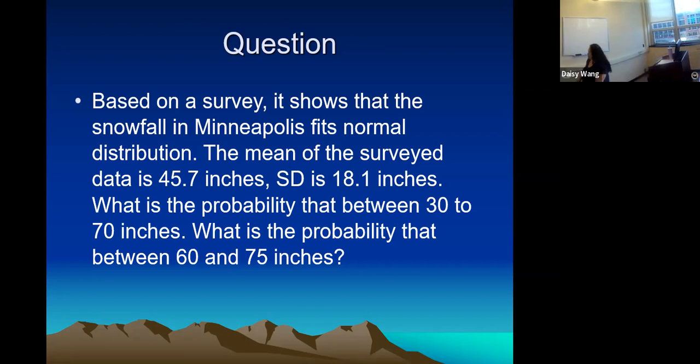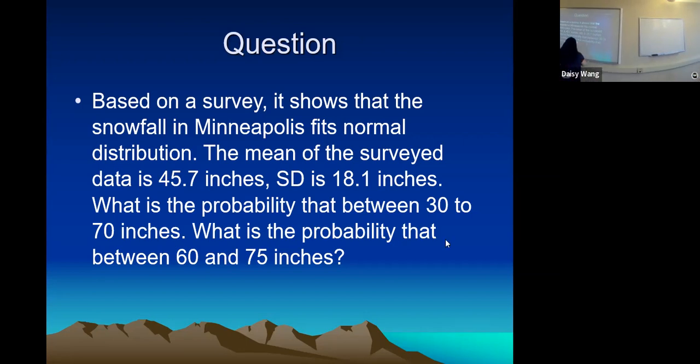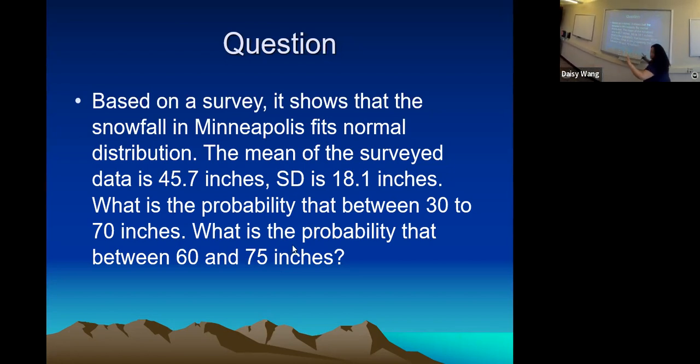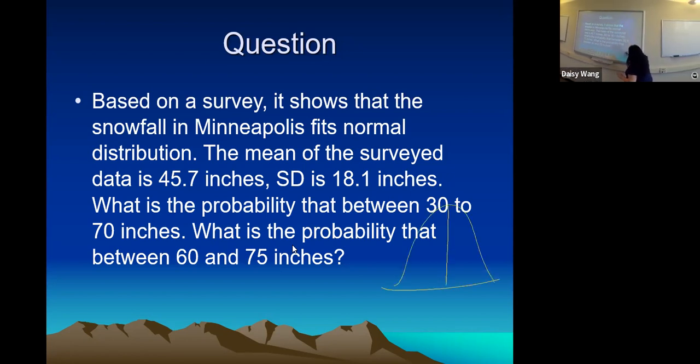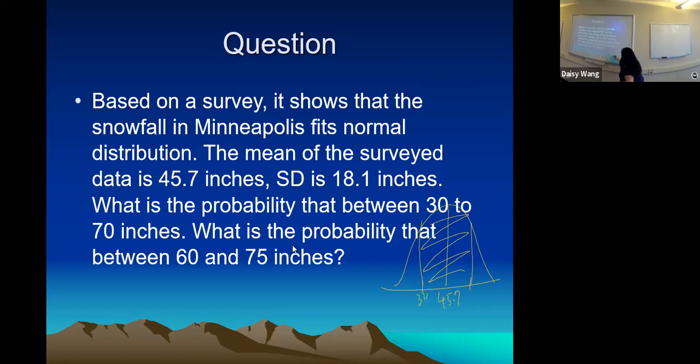So again, let me draw this so it will be easier to understand. There are 2 questions. For the first one, the average is 45.7, and the question is between 30 and 70. First we want to figure out the possibility in this range, 30 to 70.